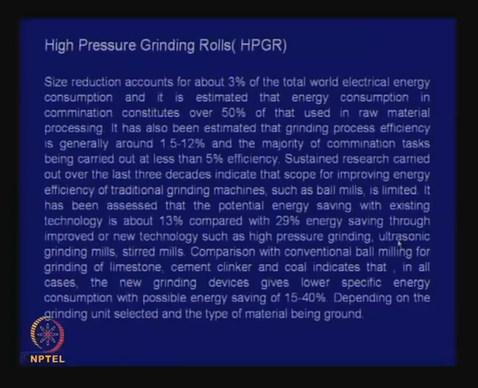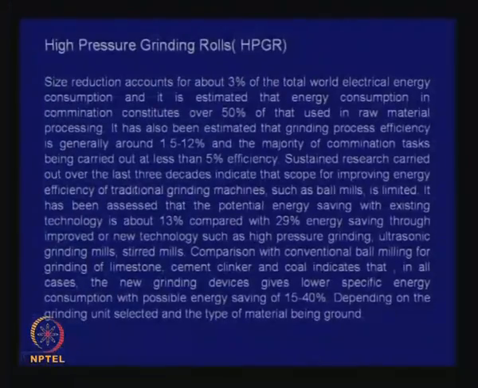There are also ultrasonic grinding mills, where ultrasonic sound waves are used. There are stirred mills, and comparison with conventional ball milling for grinding of limestone, cement clinker and coal indicates that in all cases the new grinding devices give lower specific energy consumption with possible energy saving of 15 to 40%.